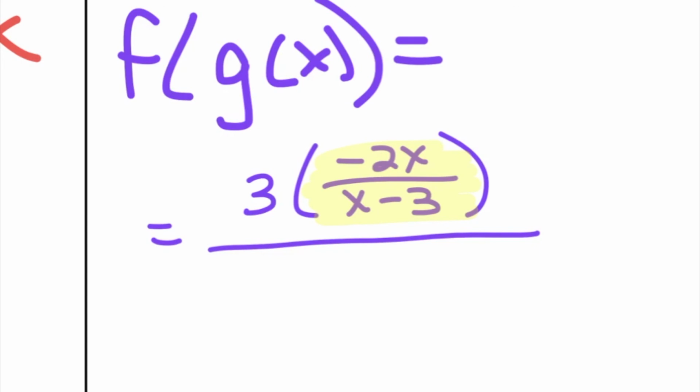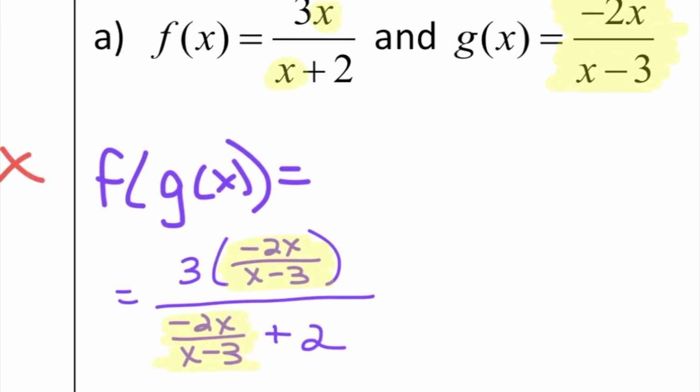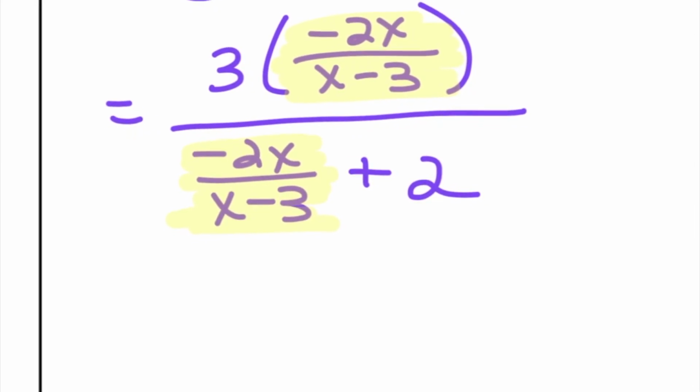So in the denominator, negative 2x over x minus 3, and that whole thing plus 2. So that I have substituted g of x where the x's are in the original f function. And now I'm going to simplify both the numerator and denominator of this big ugly fraction.